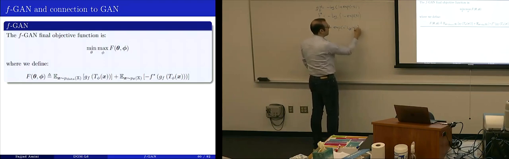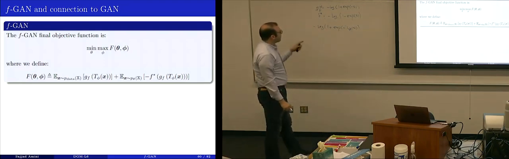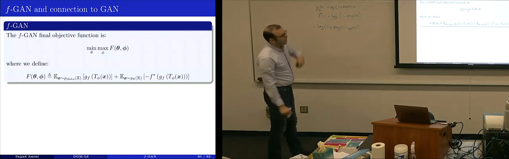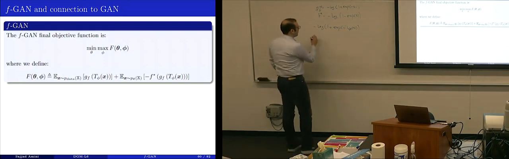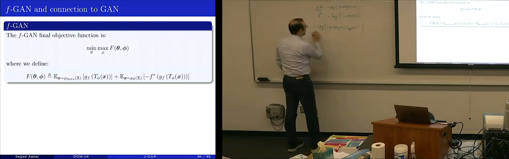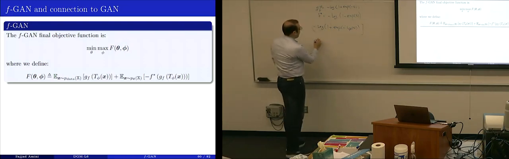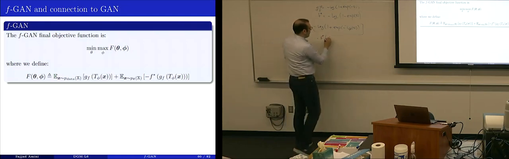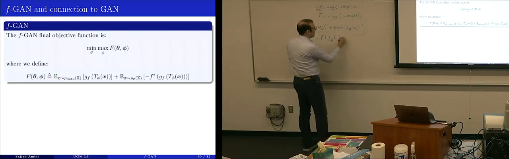Okay, this is the first part. And the second part is minus f star of g_f of T phi of x.